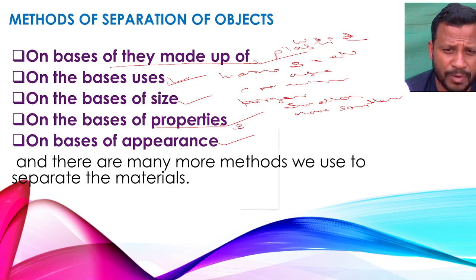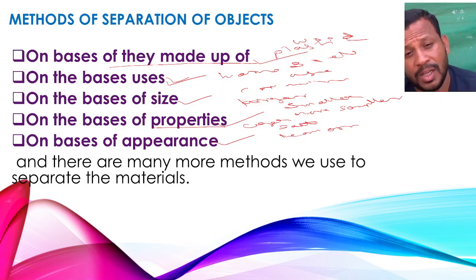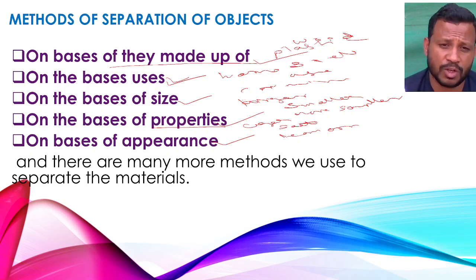For example, we divide materials like sugar, salt, and lemon according to their characteristics and properties.